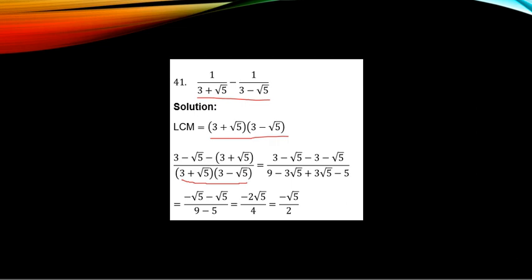If you divide the LCM by the first denominator, you are left with 3 minus root 5 multiplied by 1, and you have 3 minus root 5. You divide the same LCM by the second denominator, you are left with 3 plus root 5 that will multiply 1, and you have it in this form.